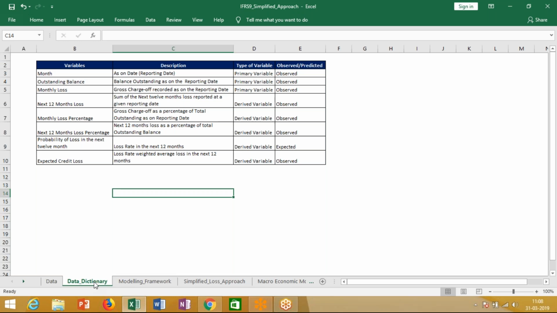The next 12 months loss is the sum of the next 12 months loss reported at a given reporting date. Then you have the monthly loss percentage, which is the gross charge off as a percentage of total outstanding at the reporting date. Then you have the next 12 months loss percentage, which is the percentage of the total outstanding balance. And finally, you have the probability of loss in the next 12 months, and the expected credit losses.